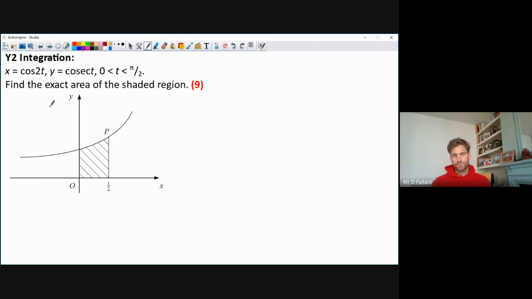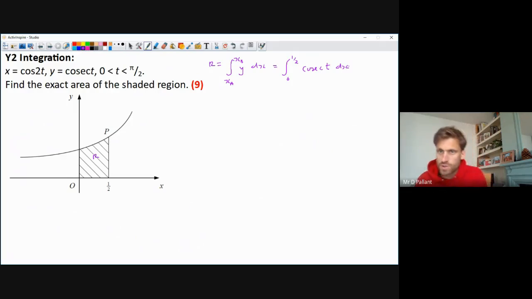Right, so to find this region, I'm going to call it R, we need to be integrating y with respect to x between x limits, which in this case will be the integral between 0 and a half of cosec t with respect to x, which we can't do, of course, because it's a t term.